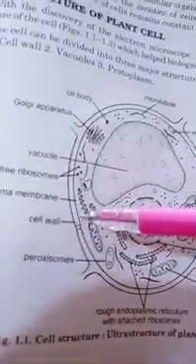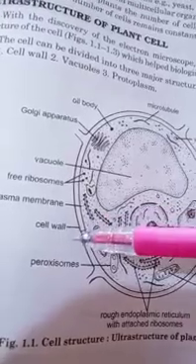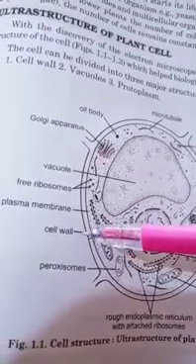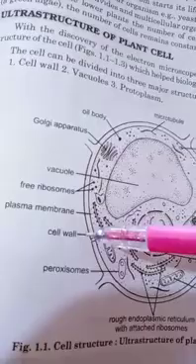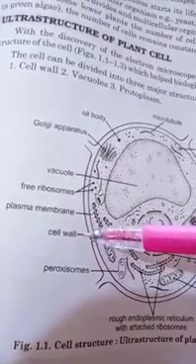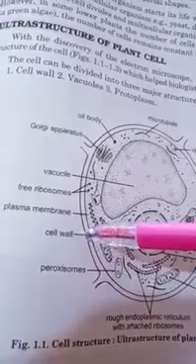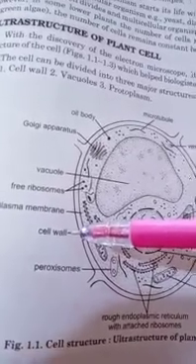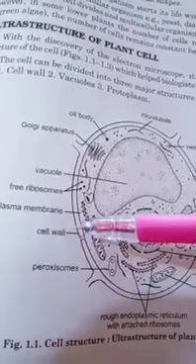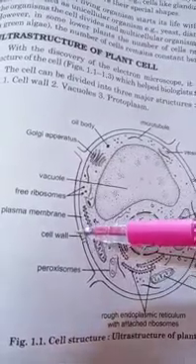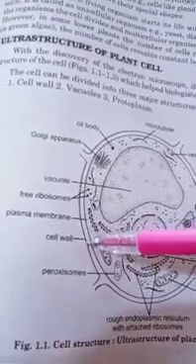Outer to the plasma membrane, there is a cell wall, and that is a unique feature of the plant cell which is absent in case of animal cells. So being a student of botany, always keep it in mind that when we talk about the plant cell, it will always have the outermost boundary, that is known as cell wall.